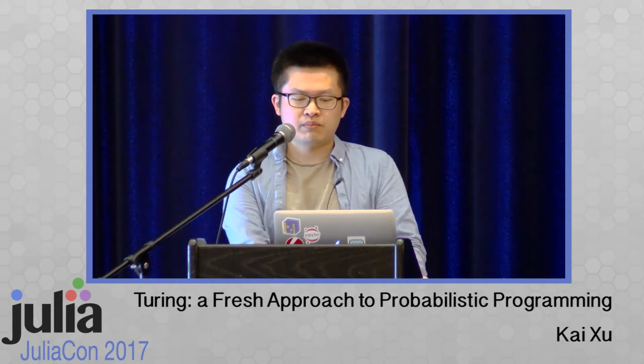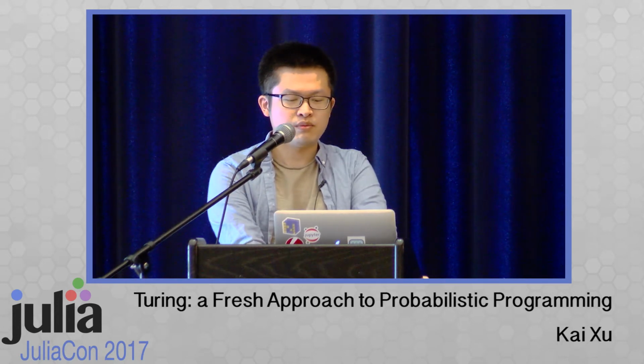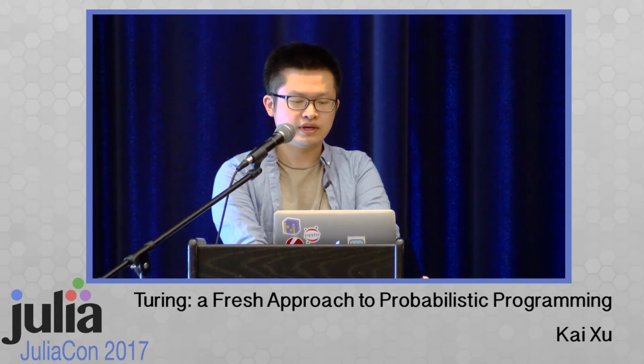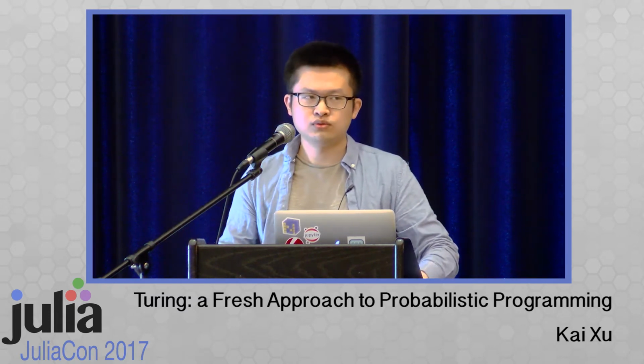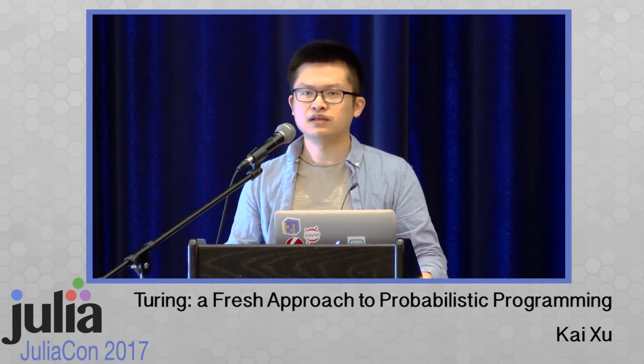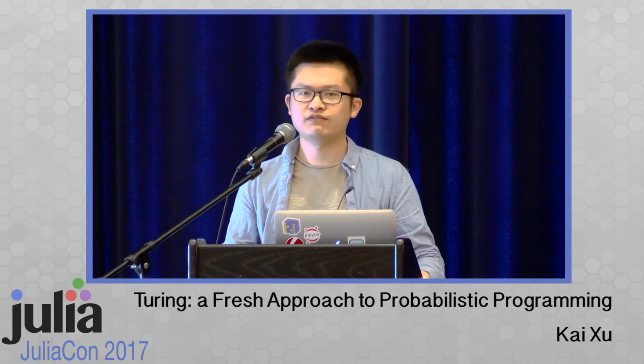But in Turing, you can basically say, there's a discrete variable, so I want a Gibbs sampler which composes a particle Gibbs sampler, which will sample z for you, and an HMC sampler, which will sample the other two variables for you. And then you can still run the inference with this line of code. The nice thing here is that users do not need to do math in this case, and they don't need to care about how the inference works, and they can focus on modeling.